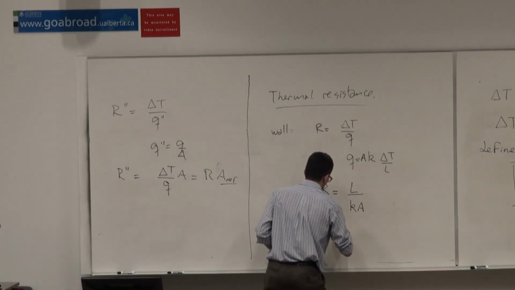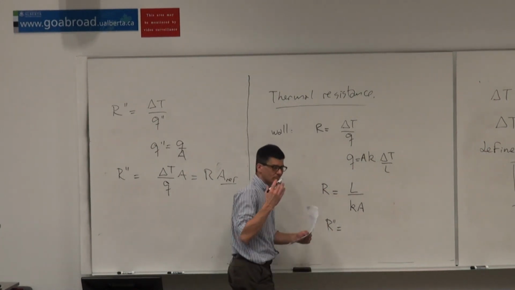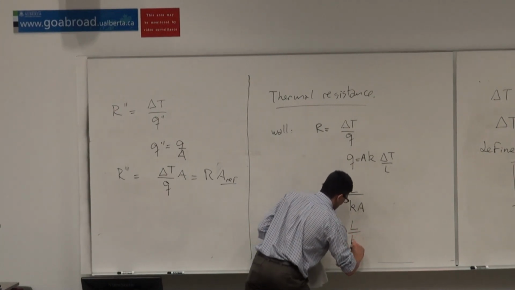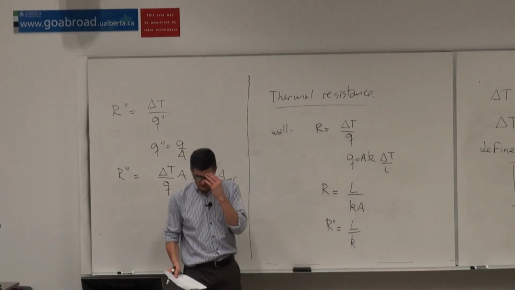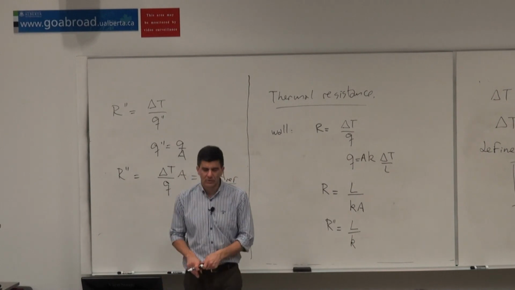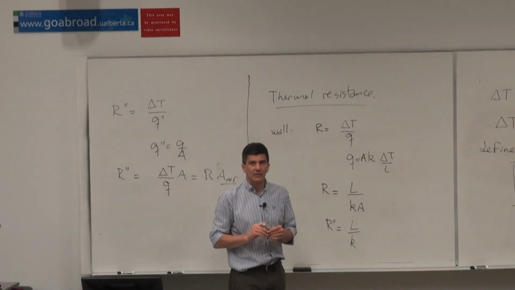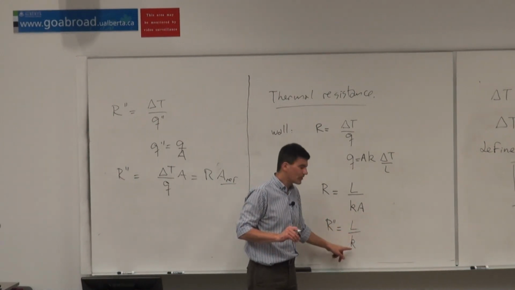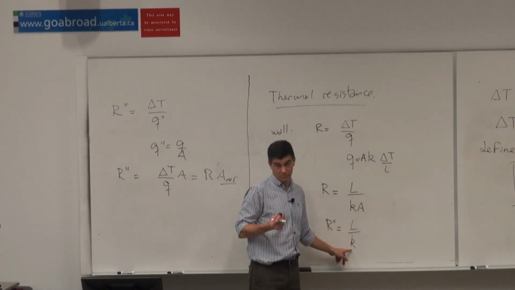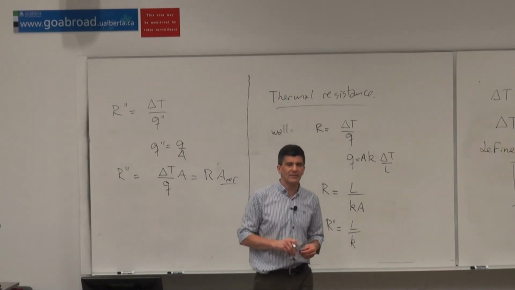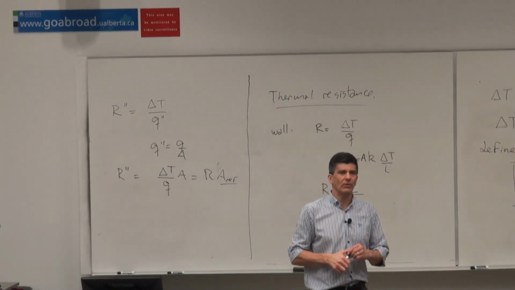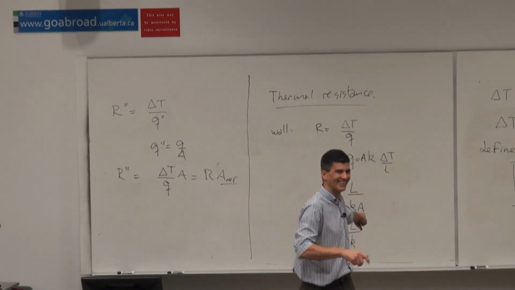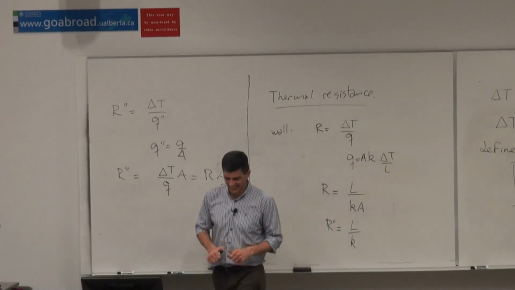And the resistance per unit area is going to be L over K. So the practical thing of this is that if you know the thickness of your wall and you know the thermal conductivity, you can already calculate the resistance. And guess what? When you buy insulating materials, they come with this R value. That's it. So that's pretty cool.